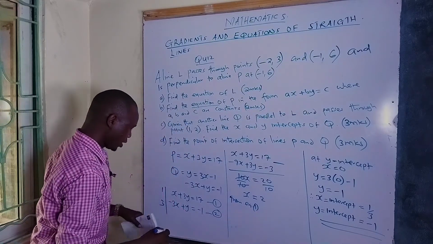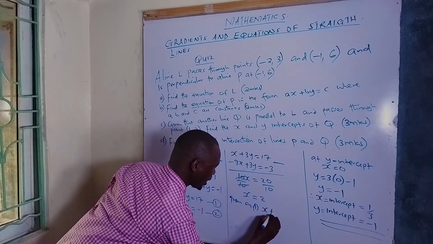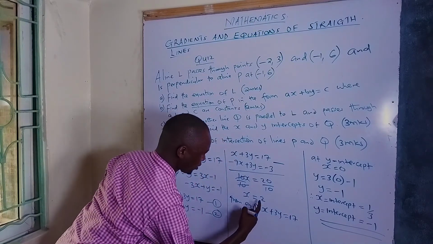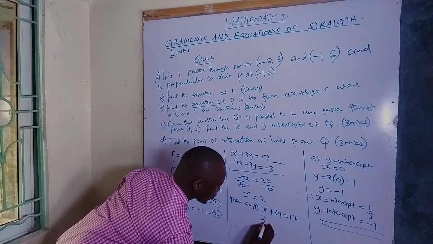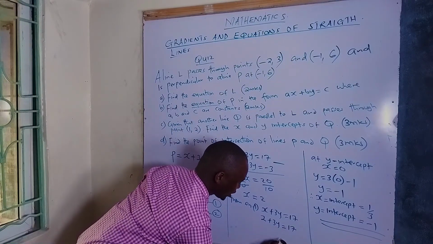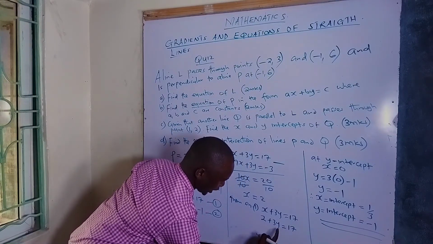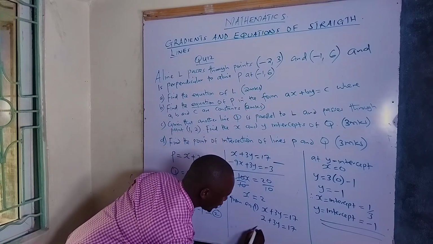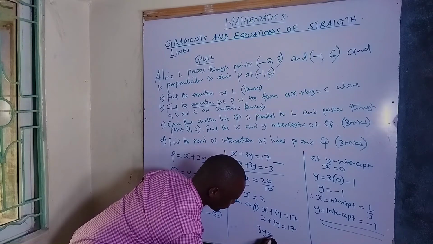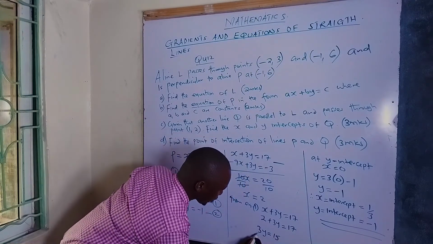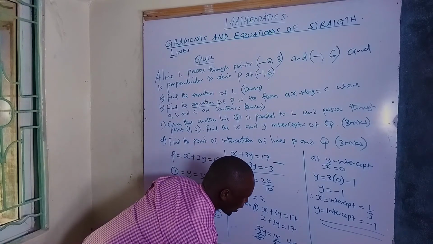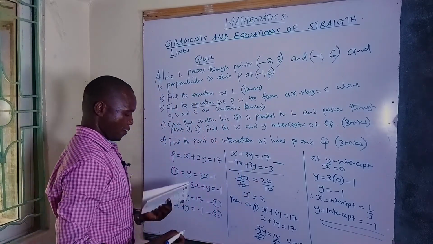We have x plus 3y equals 17, and with the value of x we have 2 plus 3y equals 17. If you collect like terms, 2 goes to the other side, we are going to have 3y equals 15. Divide by 3 on both sides, and our y is going to be 5.